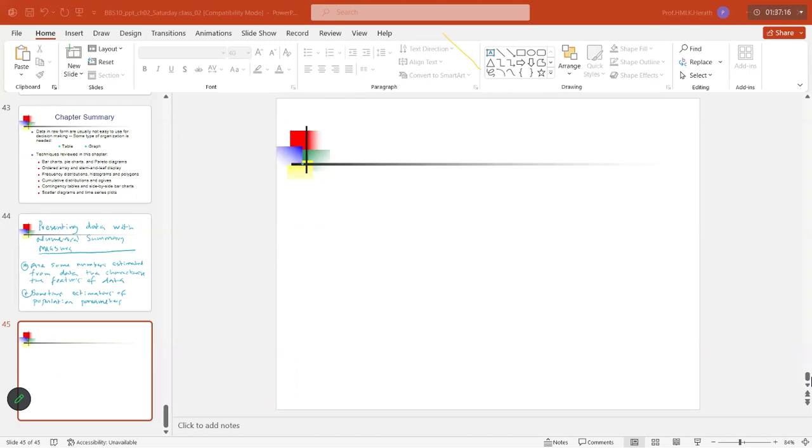So we can compute these summary measures on quantitative data.